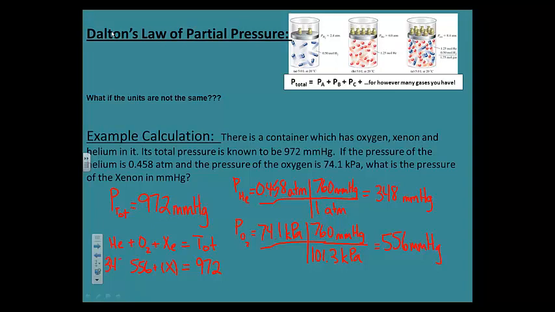So 348 plus 556 gives me a value of 904. So the value for xenon is going to be the difference between 972 and 904. So X equals 972 minus 904. So the partial pressure of xenon is 68 millimeters of mercury.